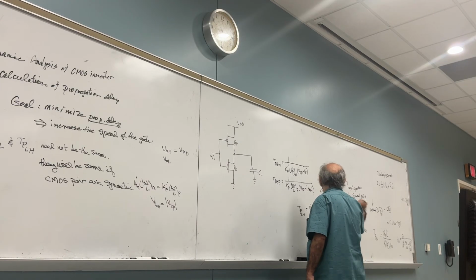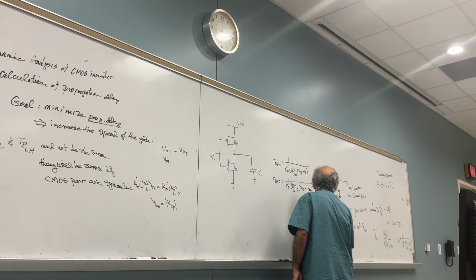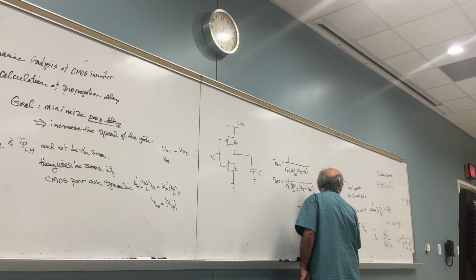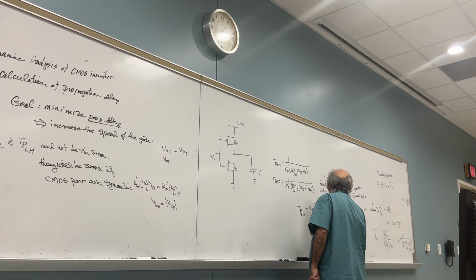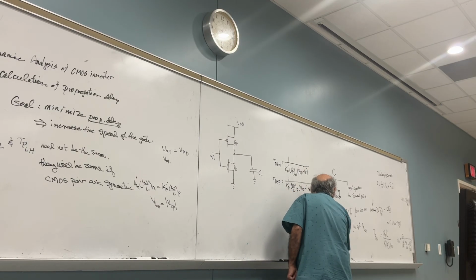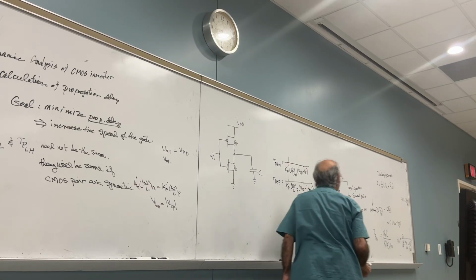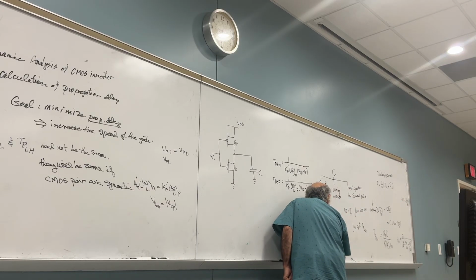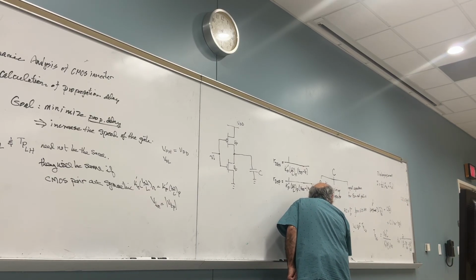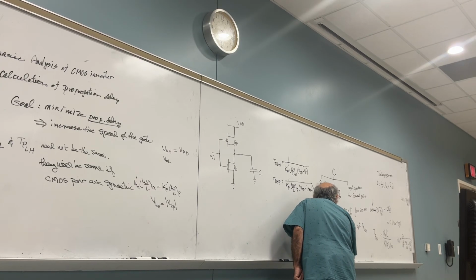Alpha_p, exactly the same equation: C over k_p prime W over L_p times VDD, where alpha_p is equal to 2 over (7 over 4 minus 3 absolute value of V_TP over VDD, plus absolute value of V_TP divided by VDD, the whole thing squared).